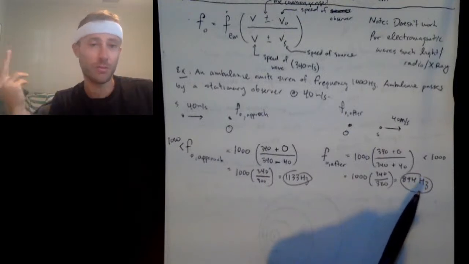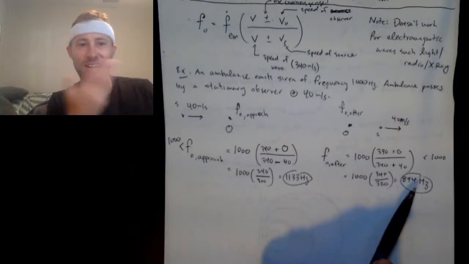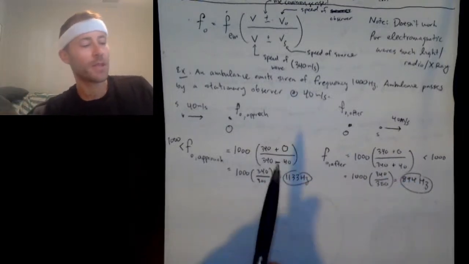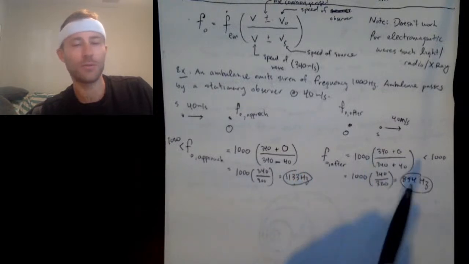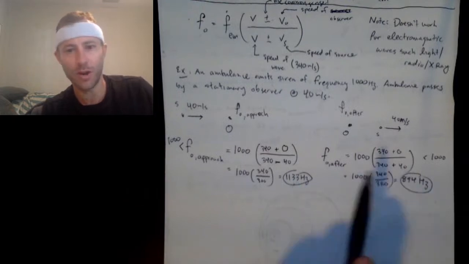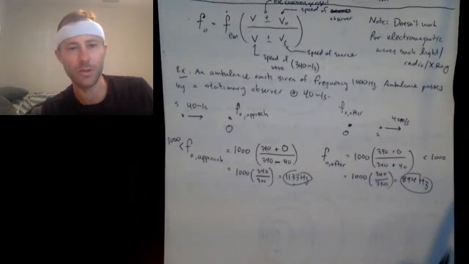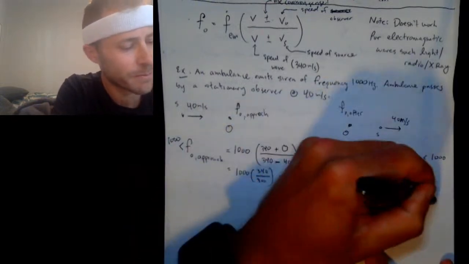If there's an ambulance passing by, you hear, meow, meow. The frequency is raised when it's approaching, and it drops once it's going away. And we just calculated by how much it will drop, which would be the difference between these two frequencies. All right? So that's nice.